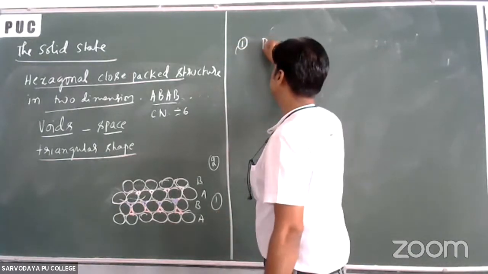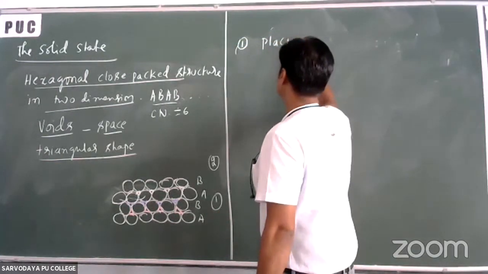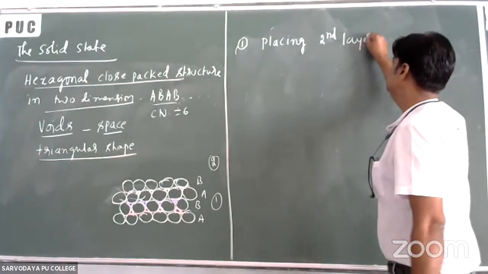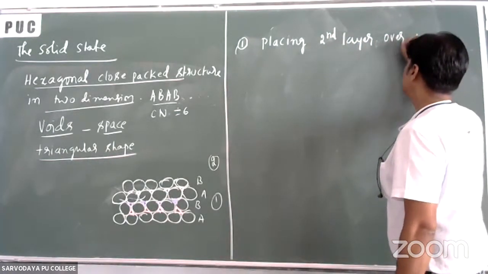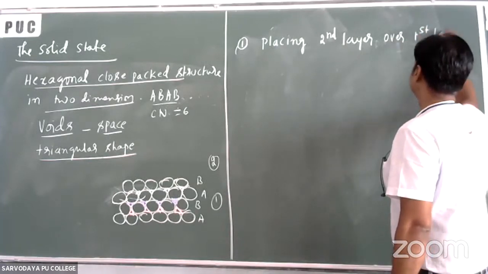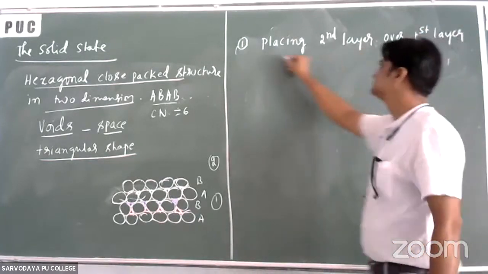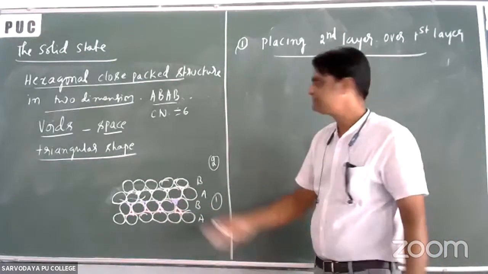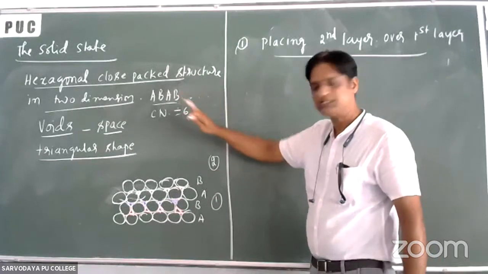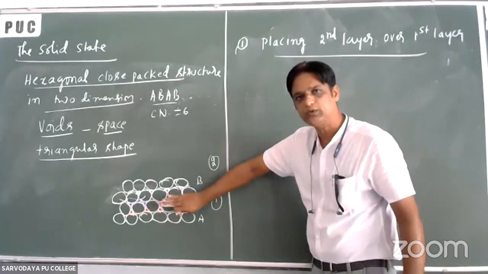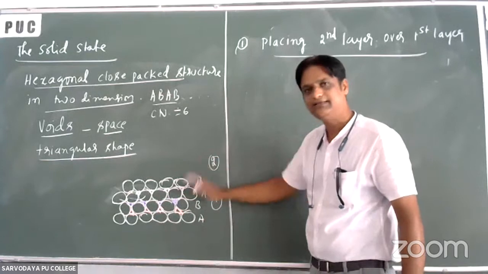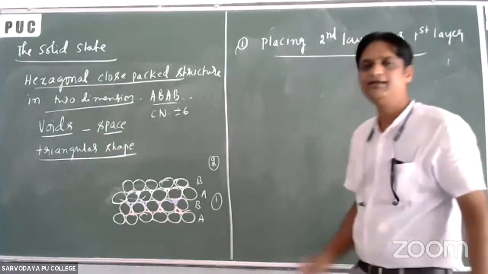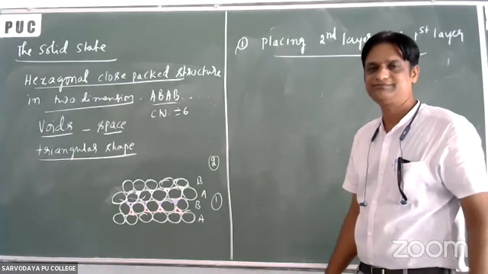So first case, placing second layer over first layer. The same type of hexagonal close packed structure in 2 dimension we have to take, and that should be placed over this layer. This is first layer. Same type of layer, second layer must be placed over the first layer. So how actually can that be done?